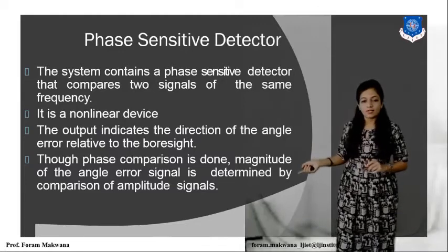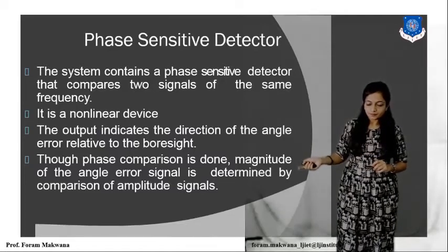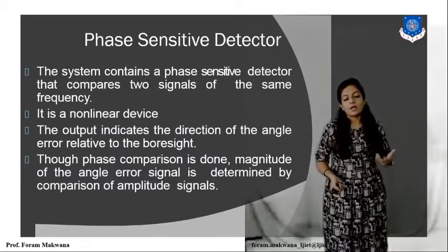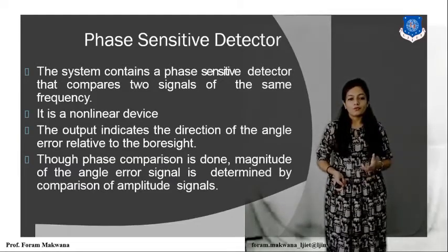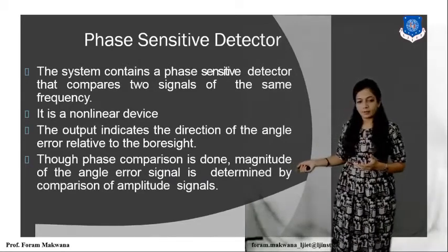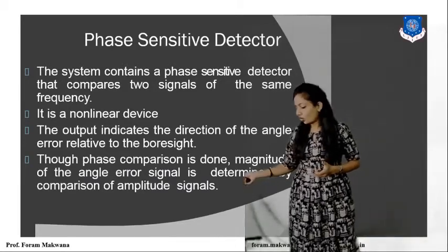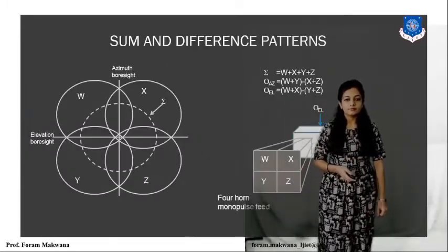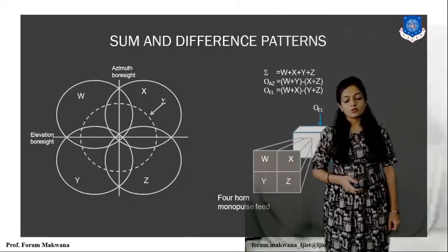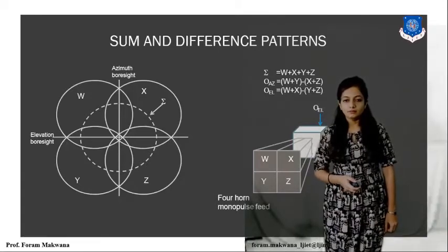The more the phase comparison, the more we are able to extract the magnitude of the error signal, which is determined by the comparison of the amplitude signal, right? So the sum and difference signal.